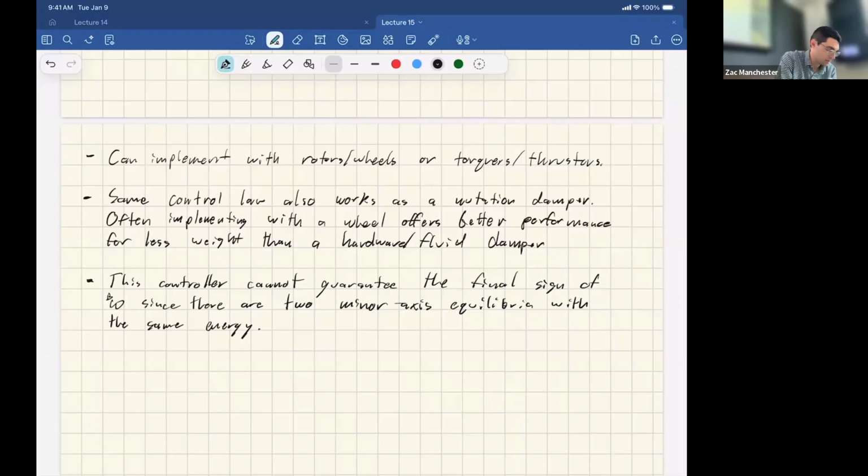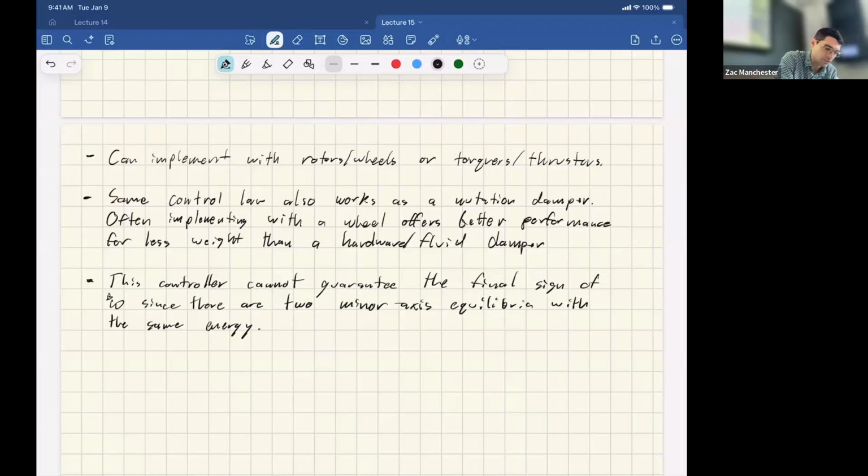And then over here, we've got the individual wheel momenta. So I guess we'll use W's for these. This thing we're going to call B sub W for wheel Jacobian.